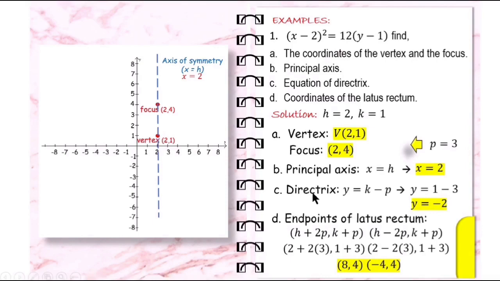Then, the directrix, which is y equals negative 2, and this is a horizontal line. Finally, locate the endpoints (8, 4), which is here, and (negative 4, 4), which is located here. Connect these points. This is now the graph of the parabola (x minus 2) squared equals 12 times (y minus 1). And remember, this is our latus rectum.